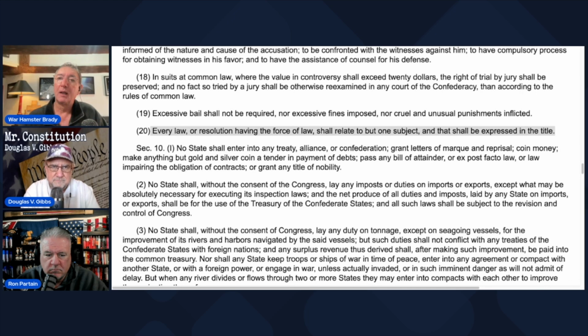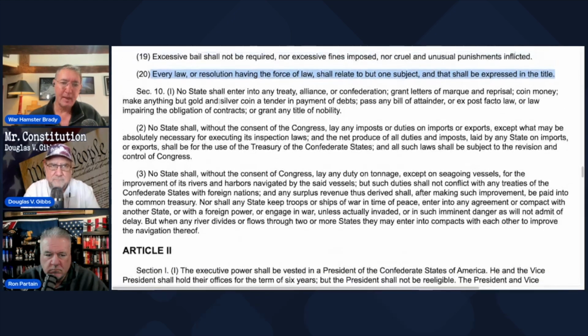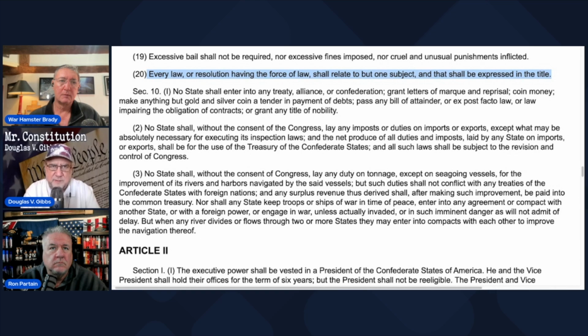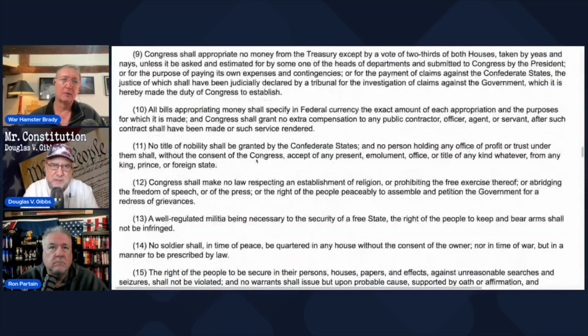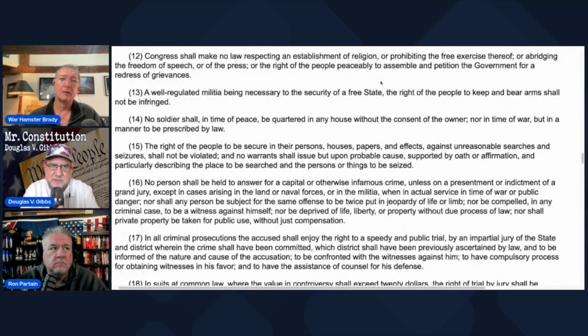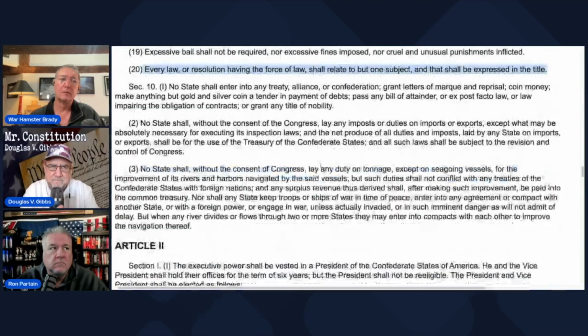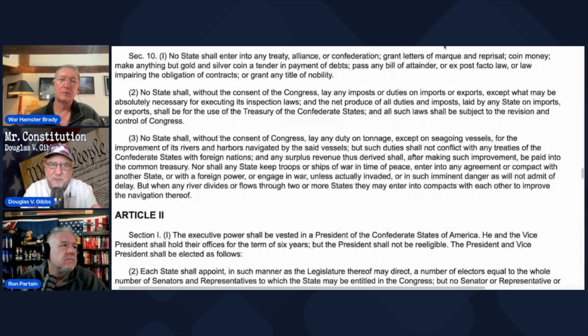So, all right, we get to Section 10. This is going to be, I think, word for word verbatim what the U.S. Constitution has as Section 10. Notice there's no Article 1, Section 9. Well, we are in Article 1, Section 9. Well, I mean, it's not exactly the same. The way it's structured is very different from the Constitution in that sense.